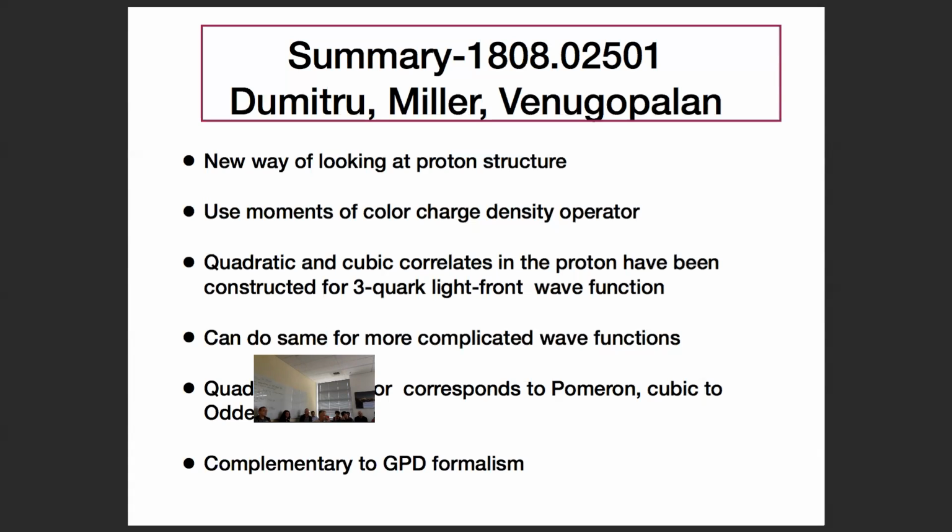Question for Jerry? Jerry, is there a particular region in x where you would say this is a reasonably good picture? Is it large x, small x, or does it not matter? That's a very good question. There are different x's involved here, right?